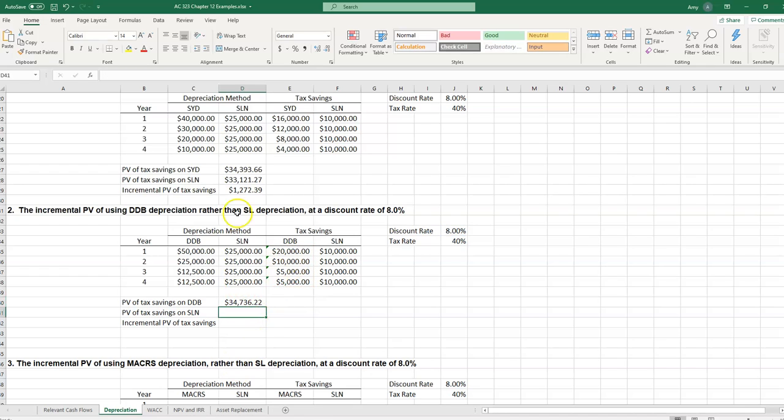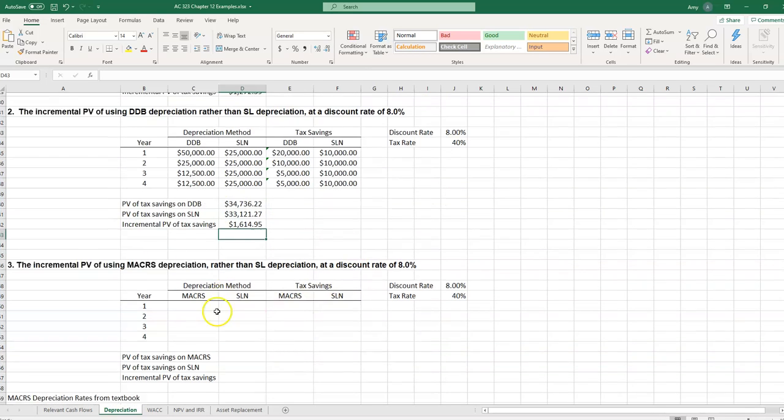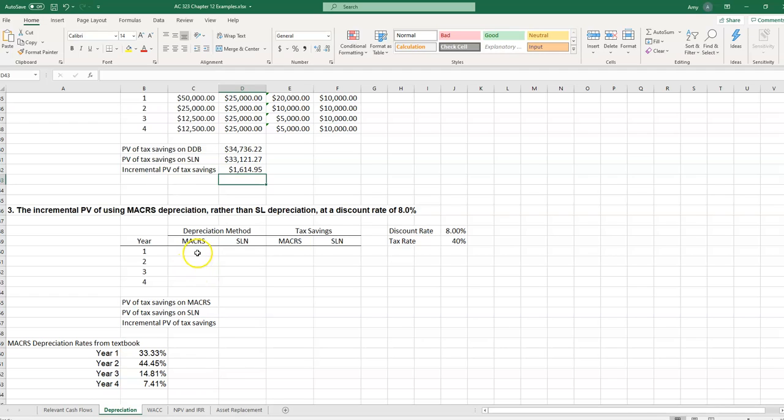Okay, and straight line is the same, and the difference. So we would try to decide which depreciation rate was the most advantageous to us for the tax shield that it gave us when we're calculating cash flows.